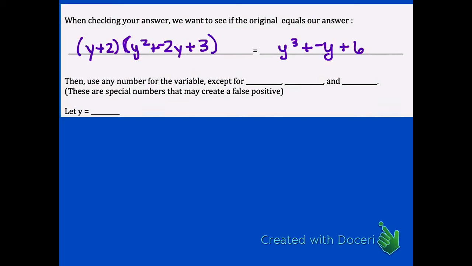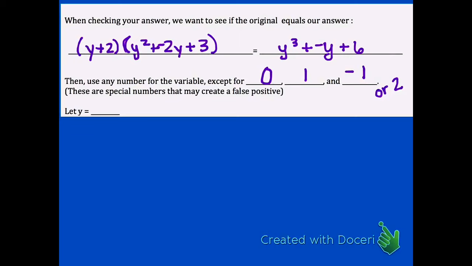And then we want to use any number for the variable, or variables if there happens to be more than one, to check if they're equivalent. But we don't want to use 0, 1, or negative 1, and I'm going to add to that, I would not use 2. These can give a false positive. The 0 has special properties. Obviously, 1 has special properties.